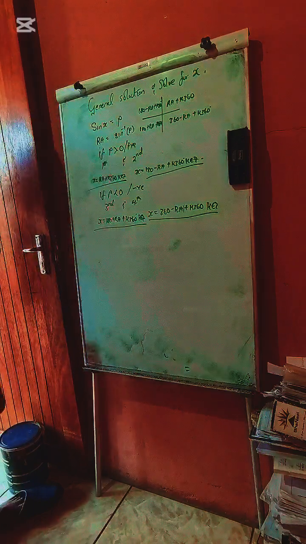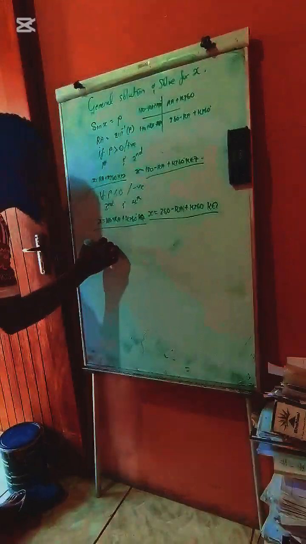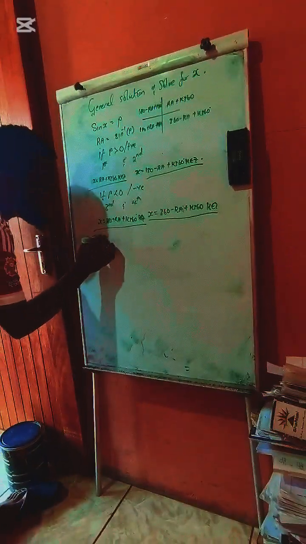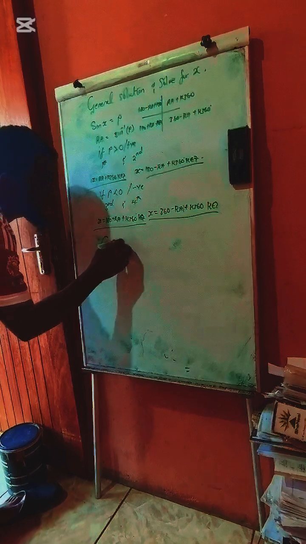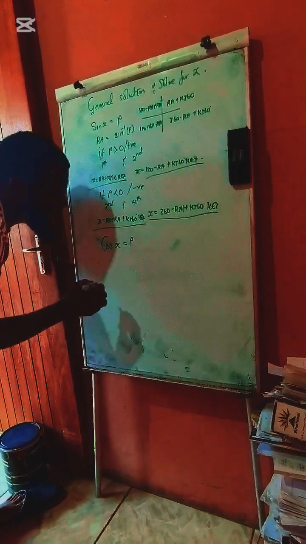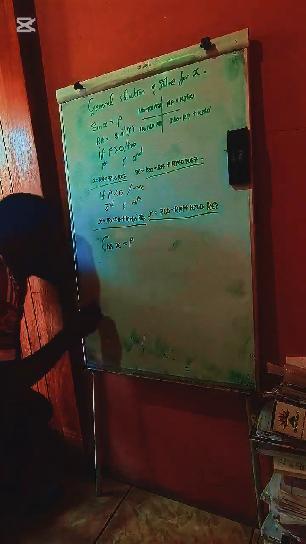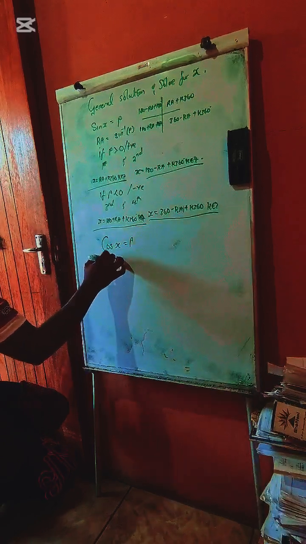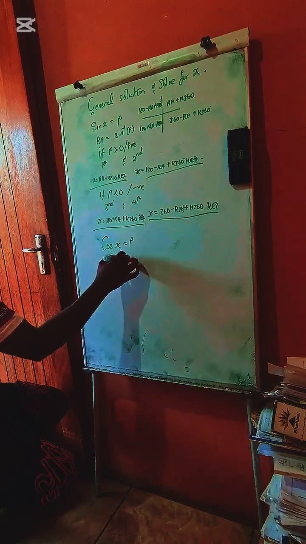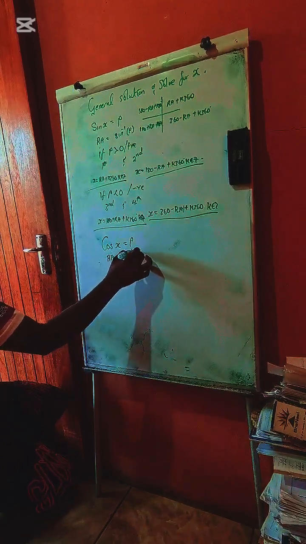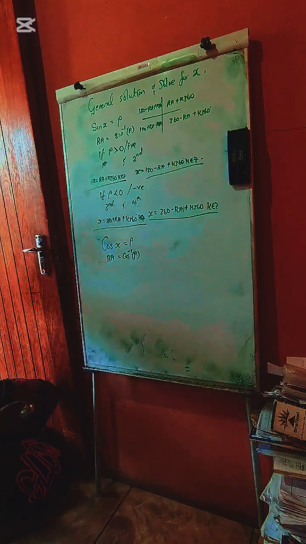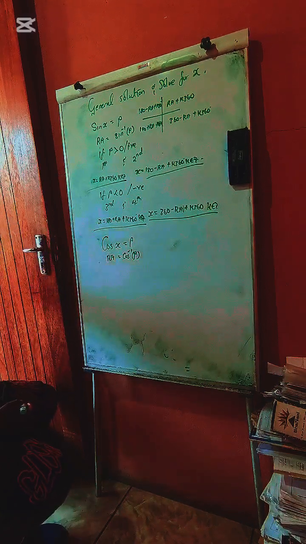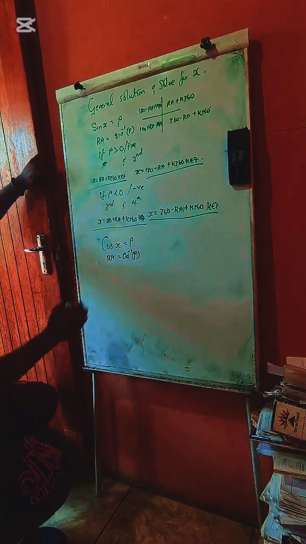Same as for cos as well. Cos and sine are the same. For cos of x equals p, first of all you look for the reference angle as usual. It's arc cos of p, right? You ignore the sine. Sine only tells you the quadrant.